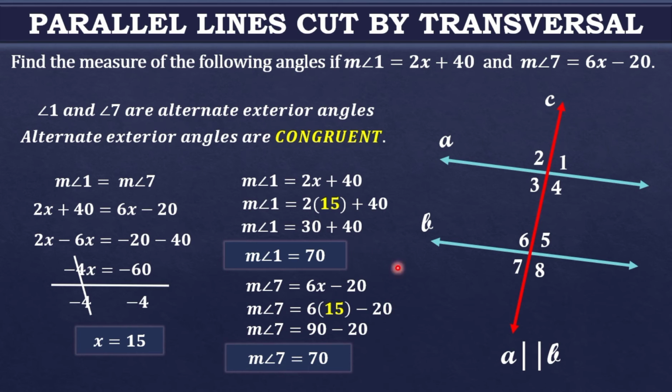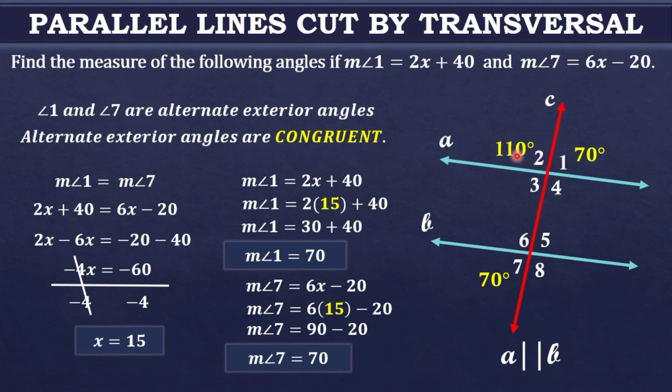So, they are congruent. Okay, so therefore, the measure of angle 1 is equal to 70 degrees. Ganon din po si angle 7. So, kunin natin lahat ng measure. They are supplementary. It forms a linear pair, so this is 110. 110 plus 70, that is 180.